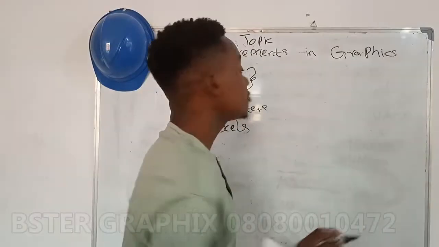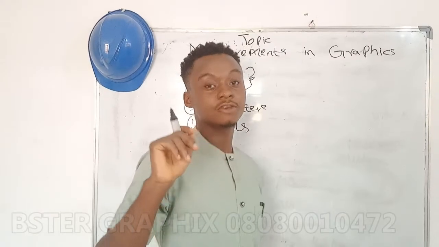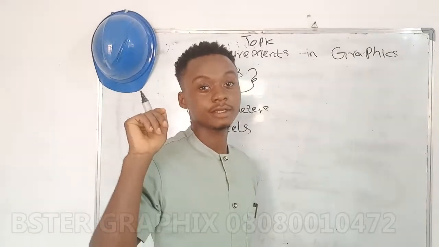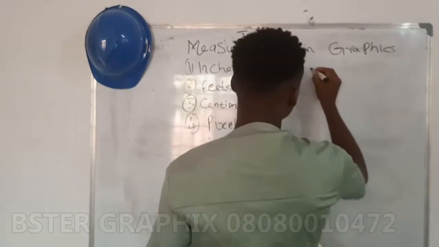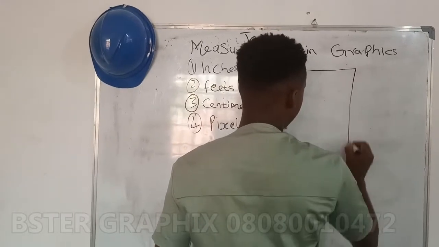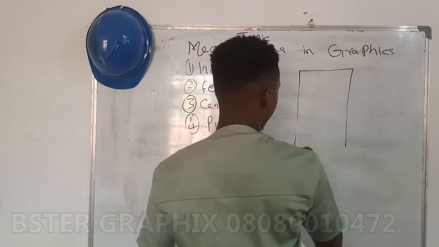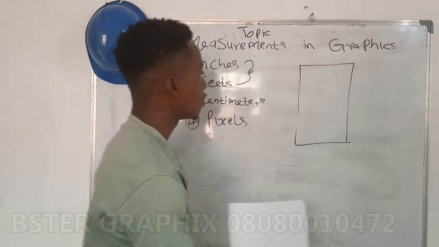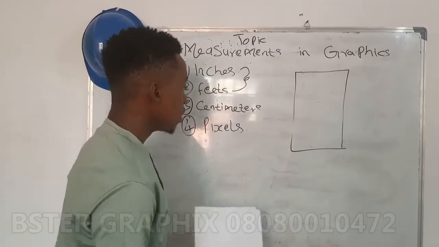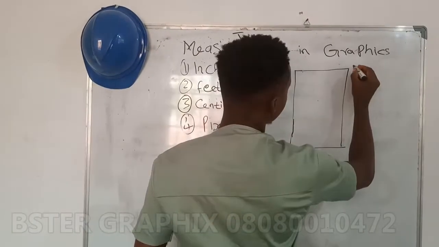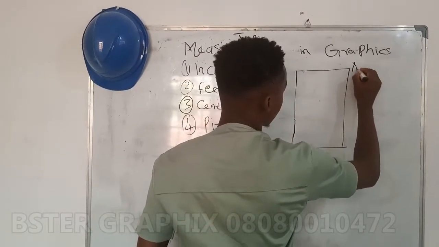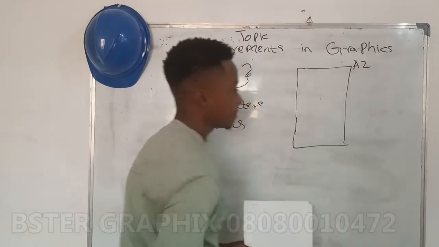First of all, I have to show you the different sizes of paper that we have in graphic design and printing. So paper is always in a block form like this. So the first paper I'll be talking about is A2 paper.